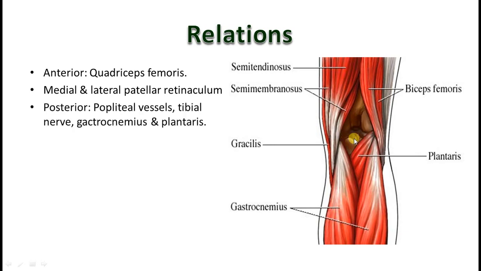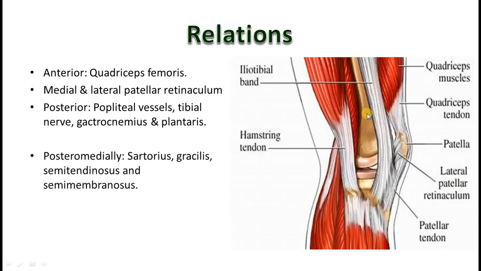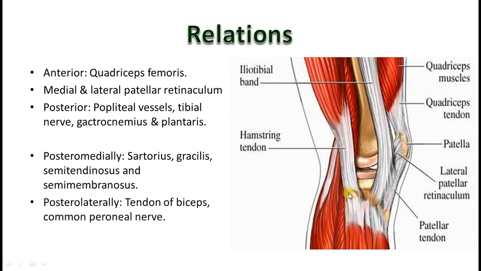The contents, as I told you, the popliteal vessels, tibial nerve, gastrocnemius and the plantaris, all form the posterior relations. Posteromedially you have the sartorius, gracilis and semitendinosus. Posterolaterally you have mainly the tendon of biceps and the common peroneal nerve.